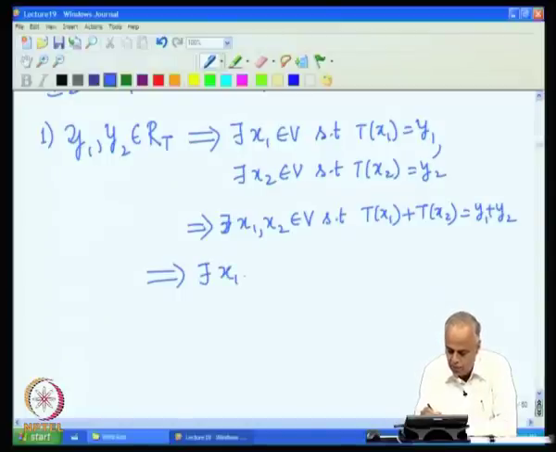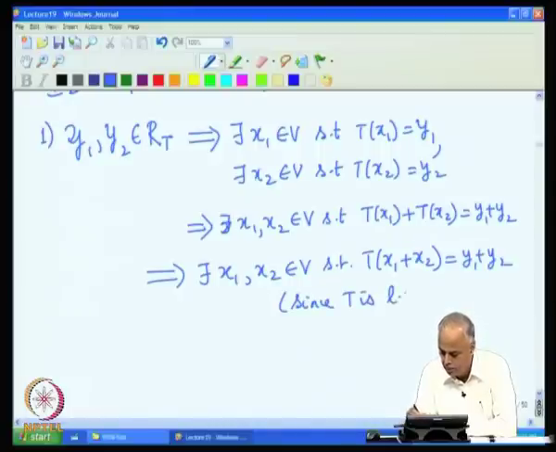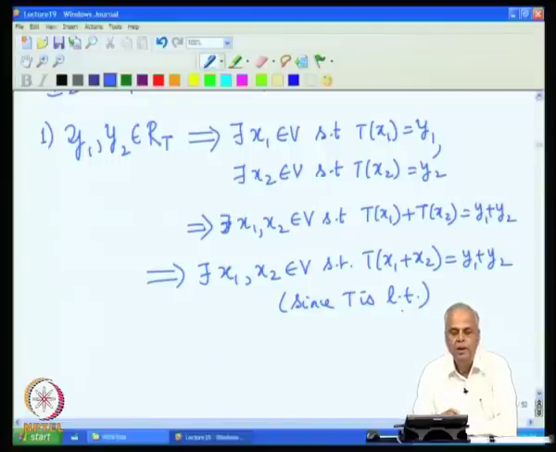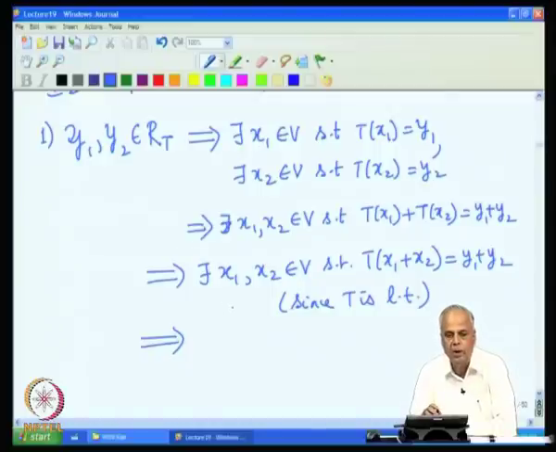So, this means there exist x 1, x 2 in V such that T of x 1 plus x 2 is equal to y 1 plus y 2 since T is linear. Since T is a linear transformation, T of x 1 plus x 2 is the same as T of x 1 plus T of x 2. Now, if we call x 1 plus x 2 as z, then since x 1 is in V, x 2 is in V, x 1 plus x 2 will also be in V because V is a vector space.